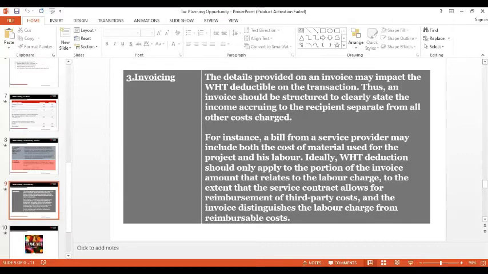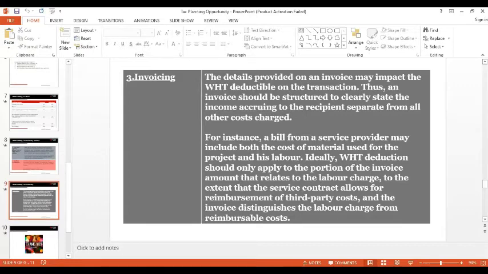Why not structure your invoice in a way that every reimbursement or cost that forms part of your contract is indicated on your invoice? However, because of Nigerian suppliers of service, they are always smart. They don't want to show the customer how much income has accrued to them.